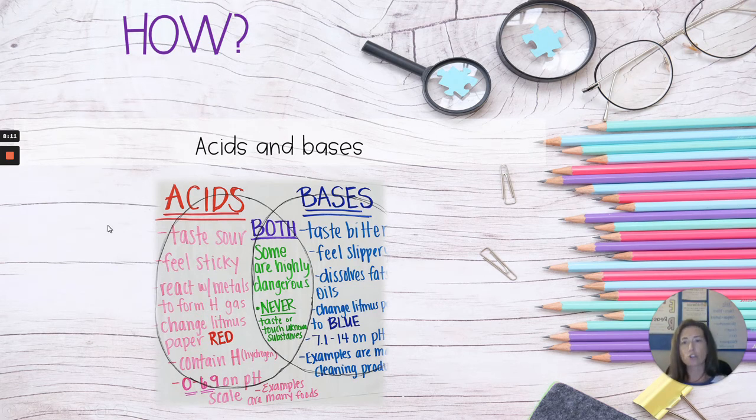So that's why I chose the red and the pink over here. And then bases will turn the litmus paper blue. So that's why I kept this blue. So I'd like to be intentional when I'm using that to just try to make another connection. Sometimes the students may not outright pick that up, but it may just be in their brain where they can make that connection later on.